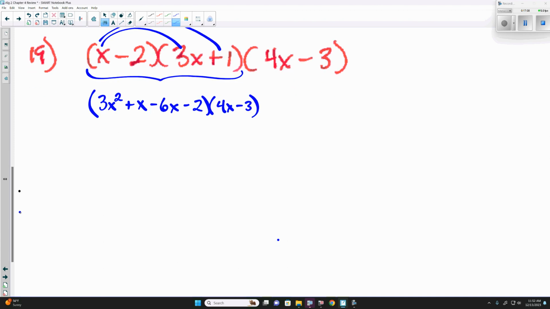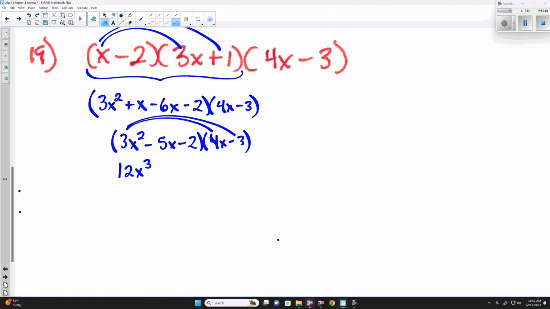Now, before we start multiplying again, we do need to combine any like terms. Our x and negative 6x are like terms, and x minus 6x is negative 5x. And now at this point here, we repeat the process. We'll do 3x squared times 4x, which will give us 12x cubed. 3x squared times negative 3 would be negative 9x squared.